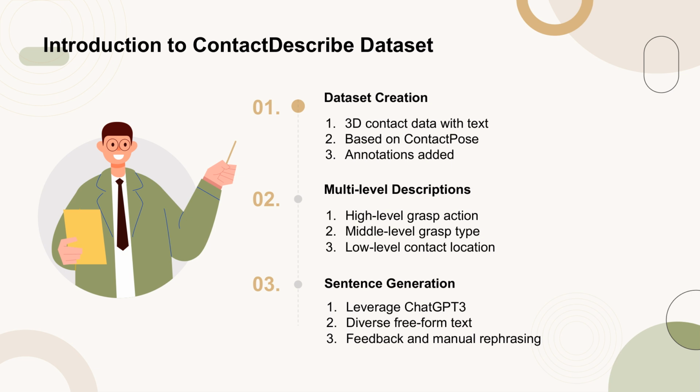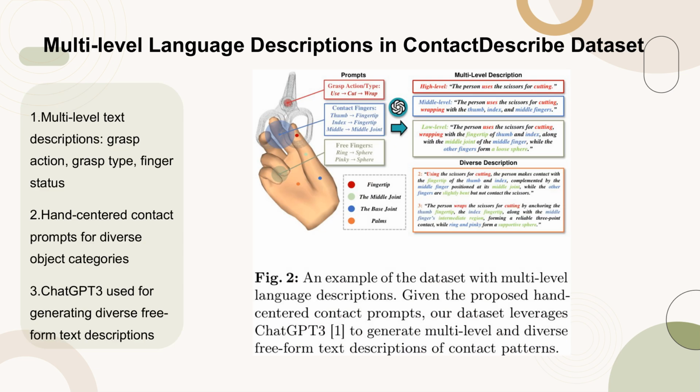To generate diverse and natural language descriptions, the dataset leverages the ChatGPT-3 model, which provides feedback and assists in manual rephrasing of sentences. Figure 2 illustrates an example from our Contact Describe dataset, showcasing multi-level language descriptions.